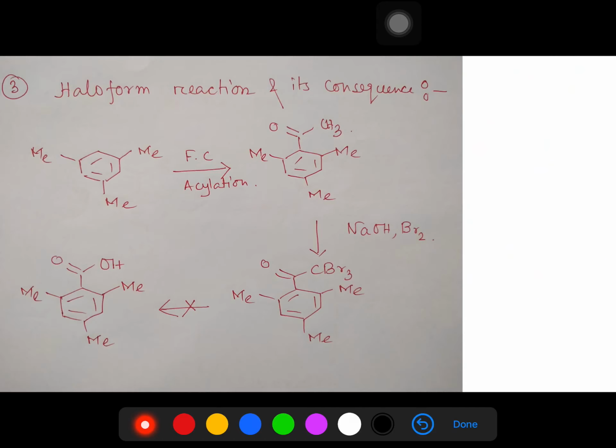Now the third option, that is a haloform reaction. For the haloform reaction we need a ketomethyl group. So how could that ketomethyl group be prepared? By Friedel-Crafts acylation, meaning you may consider acetic anhydride or acetyl chloride.